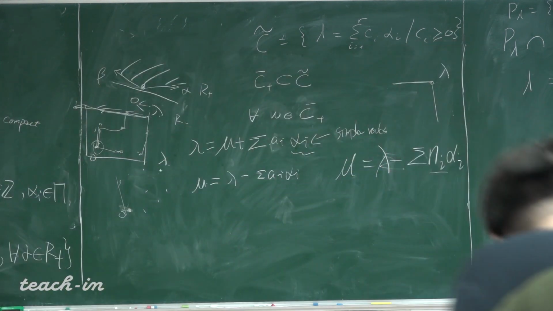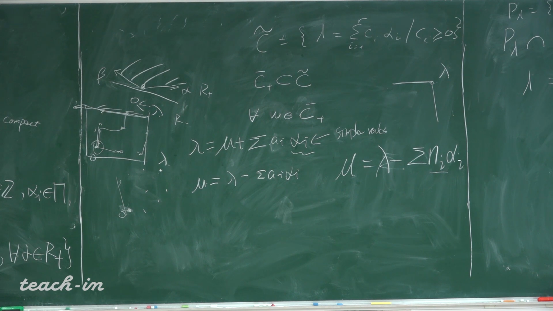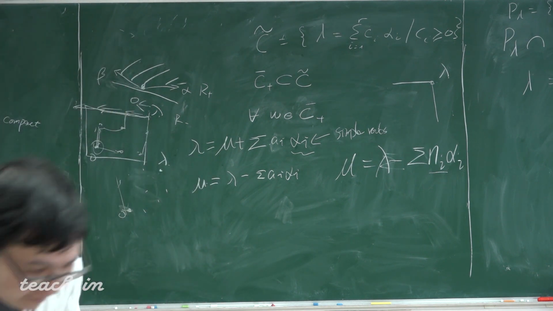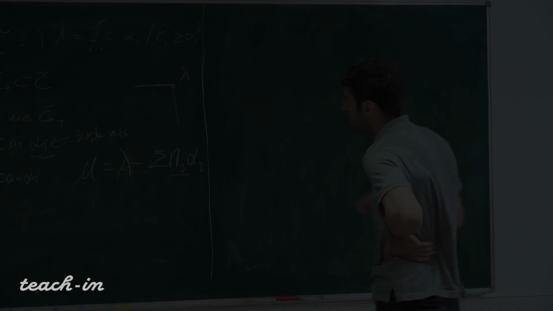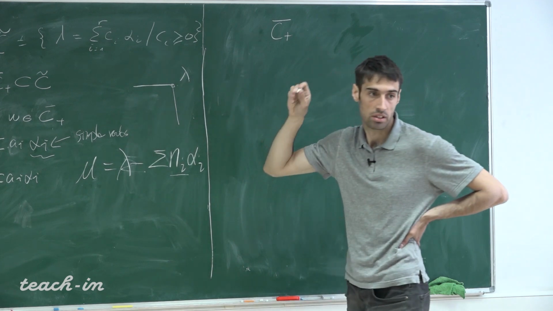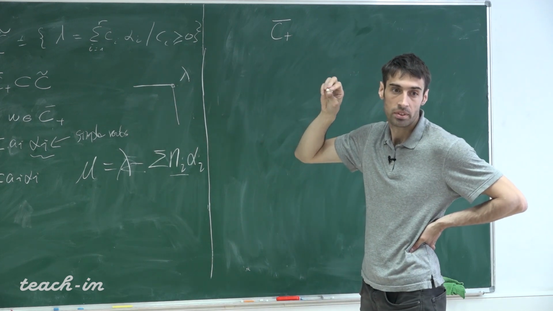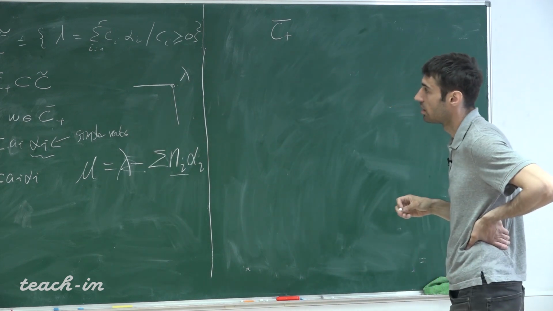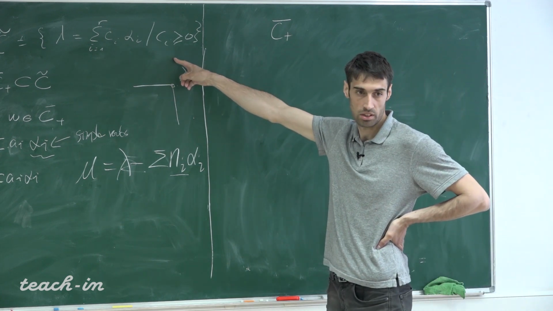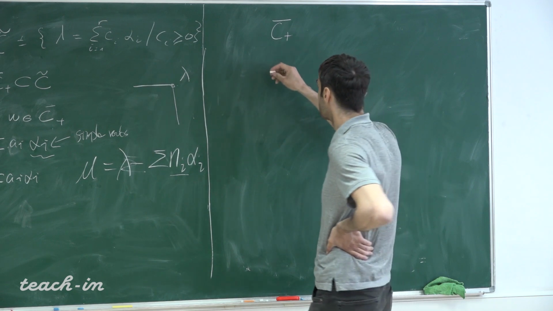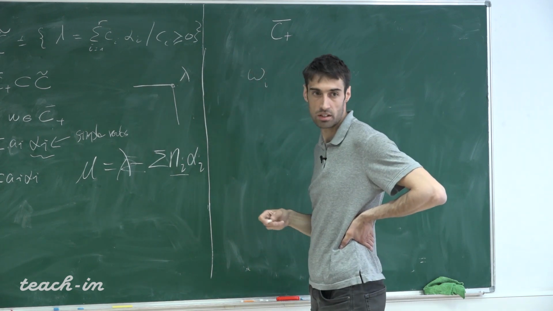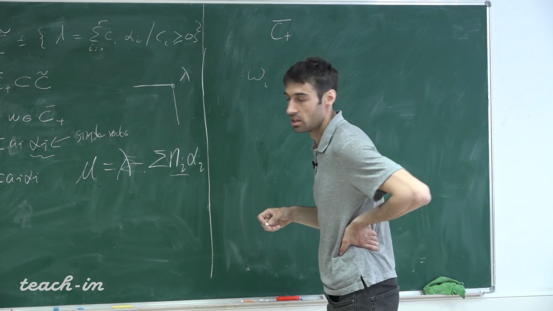But let us finish the proof of problem 1 first. So what I propose is to do the following. Let me take our C plus bar. I claim that it has a description similar to C tilde. We have fundamental weights, omega i's, if you remember.